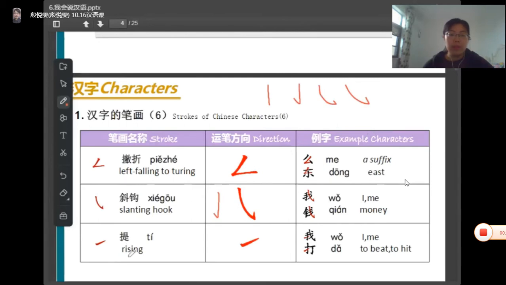Okay, next one, 提. Please distinguish 提 and 撇. 撇 is from upper to lower, and 提 is from lower to upper. 提, rising.